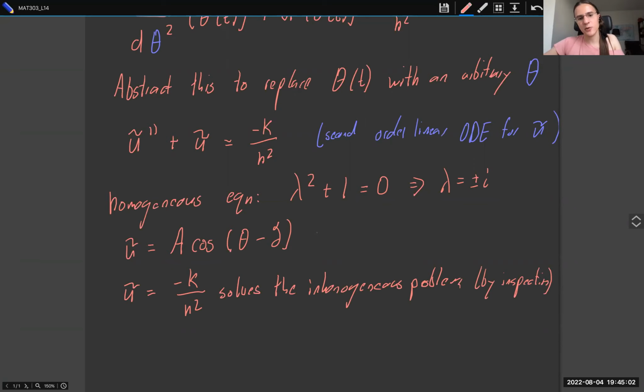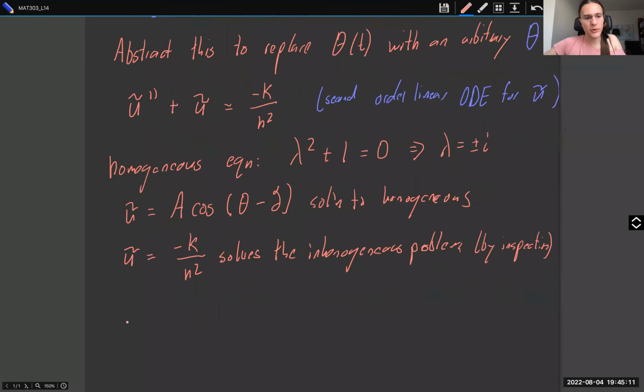And this is the solution to the homogeneous. So the general solution is u tilde is equal to A cosine of theta minus delta, minus k over h squared.